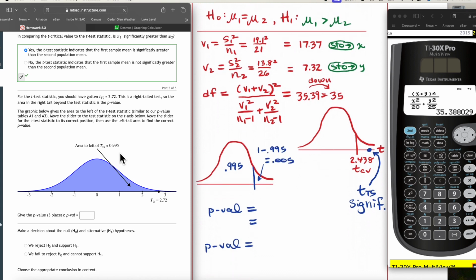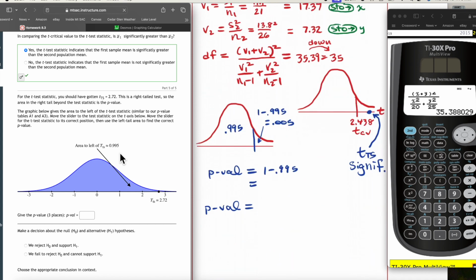So here down below we're doing 1 minus 0.995. And of course, let me denote the test statistic. It was 2.72 on that. And that's our T test statistic.